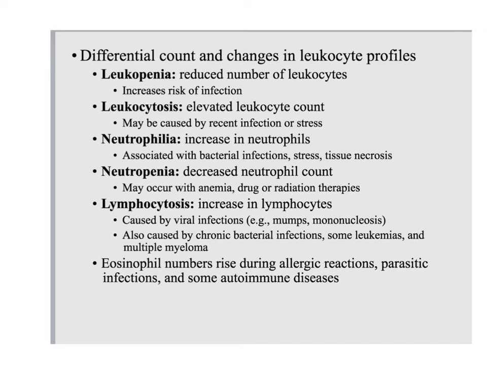Okay? So if it is strep throat, what type of leukocyte would you expect to be elevated? Neutrophils. Why? Because it's a bacterial infection. Okay? If it is the flu, what type of leukocyte would you expect to have?